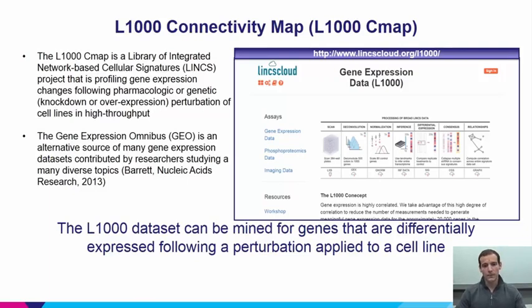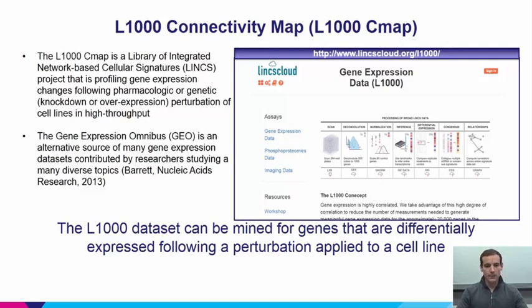So what I mean by pharmacologic perturbation is treating a culture of cells with a drug. And a genetic perturbation would be modifying the cells by treating them with an agent that's either going to knock down expression of a particular gene or cause increased expression of a particular gene.